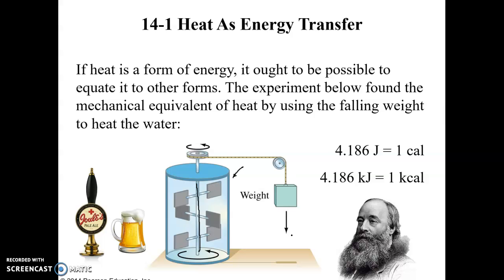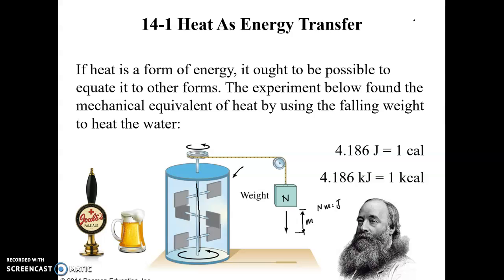As the weight would fall, it would have a certain weight in newtons, and it would fall a certain distance in meters. And a newton meter is a joule.